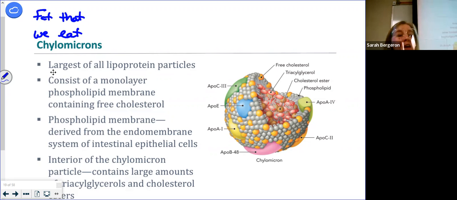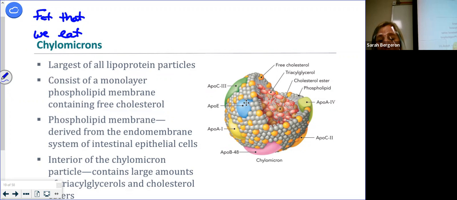Just like the phospholipid on the outside of your cell membranes, these little transport molecules are also covered in phospholipids. What controls the fluidity of our membranes? Cholesterol. So you have phospholipids and you have cholesterol. The cholesterol are like the yellow circles.